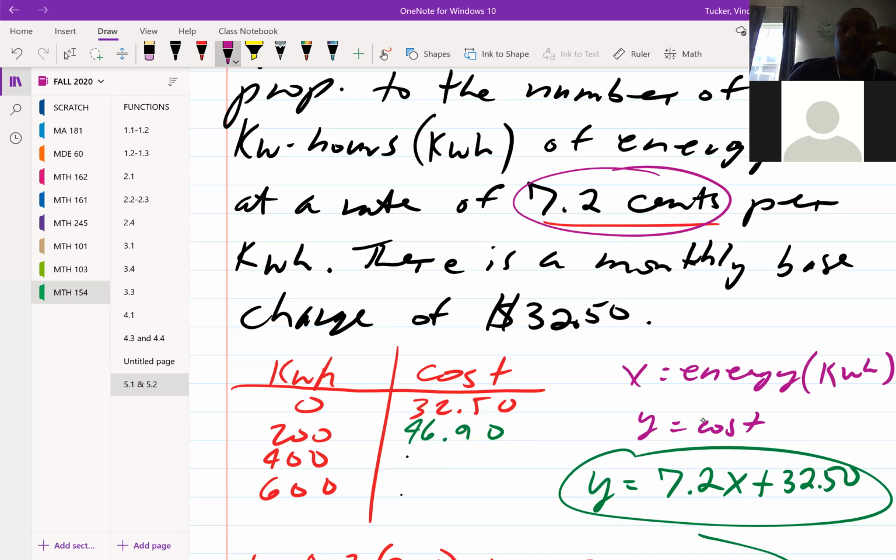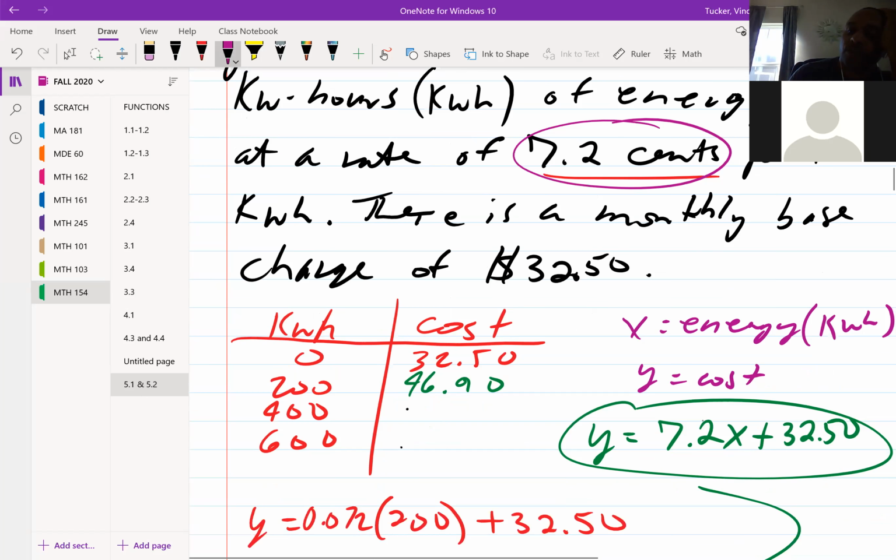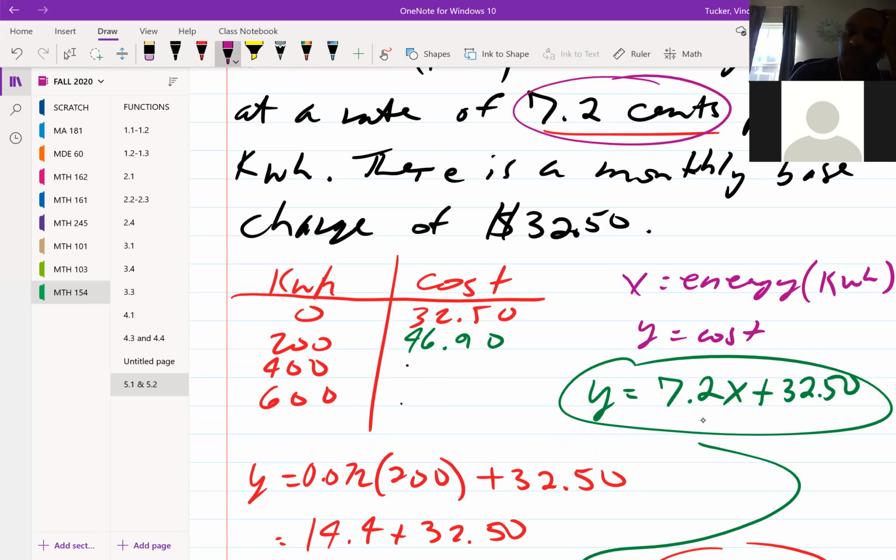I'm going to multiply 7.2 cents times my kilowatt hours, my energy, and then add 32.50 to that multiplication because there's a base charge of 32.50 every month. So even if I don't use any energy, I still have to pay $32.50. So when x is 0, that's 0 plus 32.50.